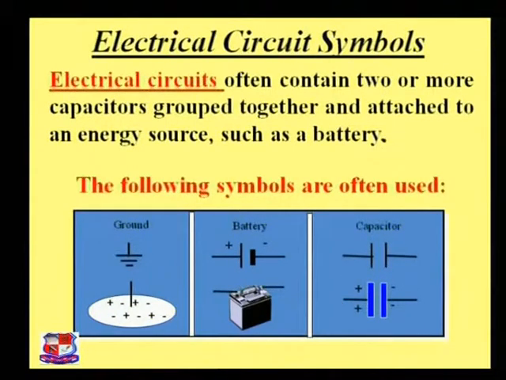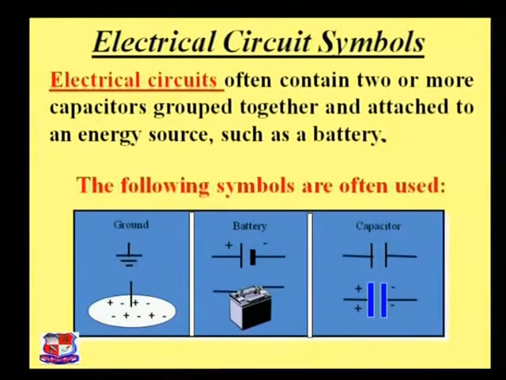Now the electrical circuit symbols. Some of the circuits prefer such kind of symbols. Here you can see that if you want to make the ground circuit, then use the first bottom figure in the first section. The second one defines the battery. The symbol has a plus, and one of the leads is bigger than the second lead.